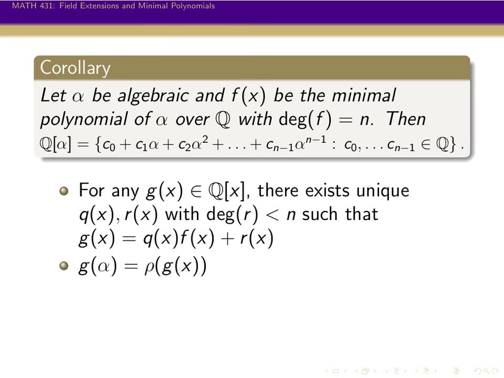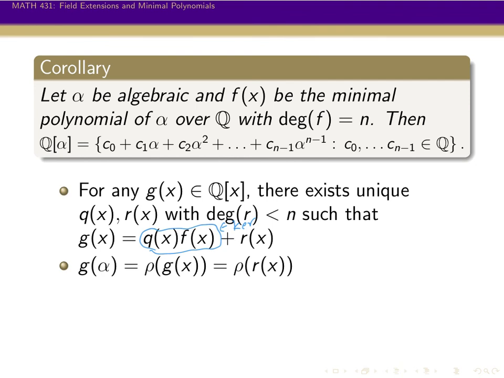And so if we want to look at G with alpha plugged in, this is something that's in the image of the map rho. So G with alpha plugged in is G of x plugged into rho. Since G of x and R of x just differ by some multiple of the minimal polynomial f of x, this right here is inside the kernel, and so it doesn't add anything.